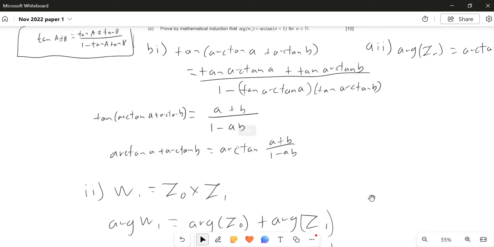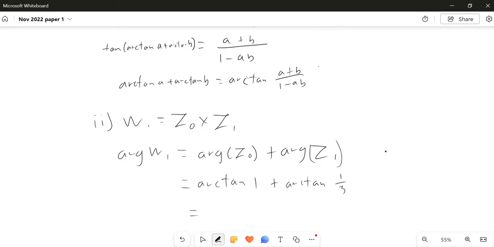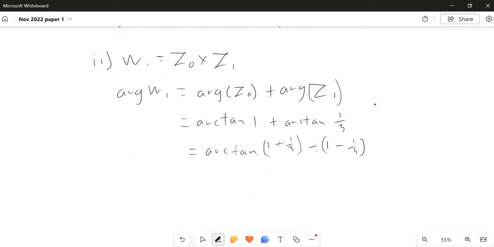And using the thing we just proved here, arctan 1 plus arctan 1 over 3 is going to be equal to arctan of 1 plus 1 over 3, divided by 1 minus 1 over 3, which equals arctan of 4 over 3 divided by 2 over 3.